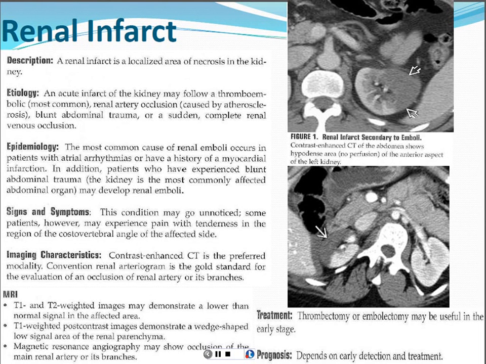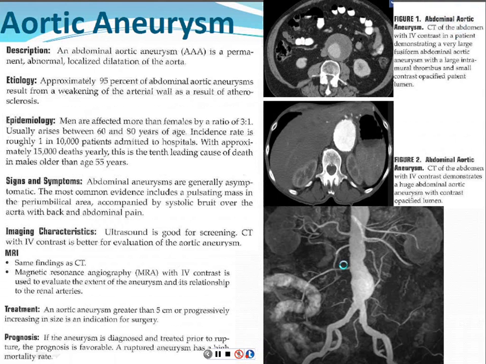So where MRI will come in with this is often to evaluate the vessels. Sometimes you'll have to do an MRI to see if the vessels are patent. CTA is also an option to see what's going on with the main renal vessels.